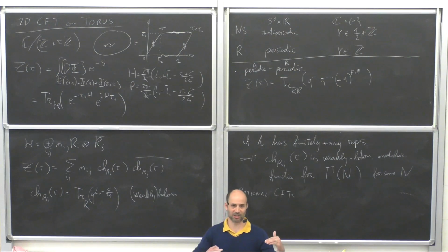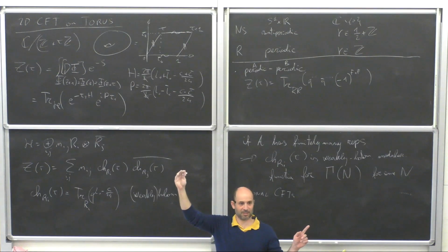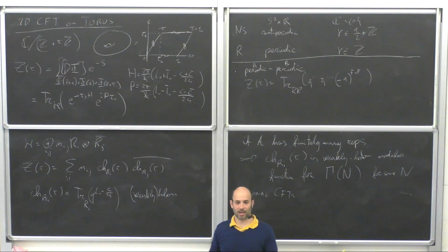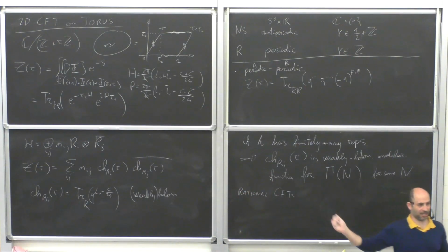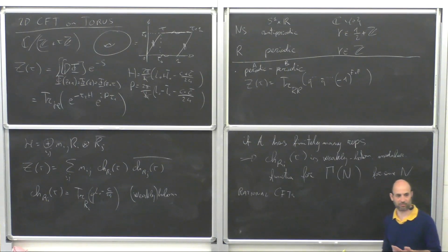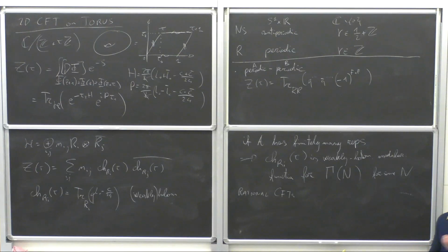Virasoro algebra with central charge higher than 1 has infinitely many representations, so this is usually not rational. SU(2) level k has only finitely many representations, so that's rational. U(1)^D has any vectors in R^D, infinitely many, so this is not rational. So you have a lot of rational CFTs, and also a lot of very interesting non-rational CFTs.